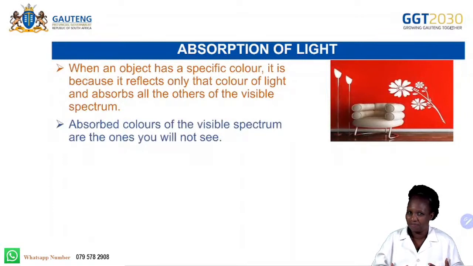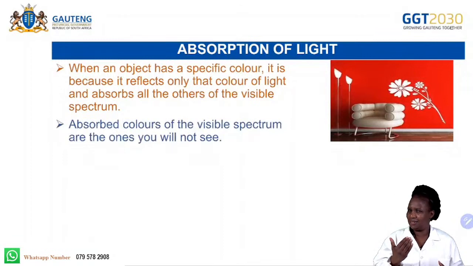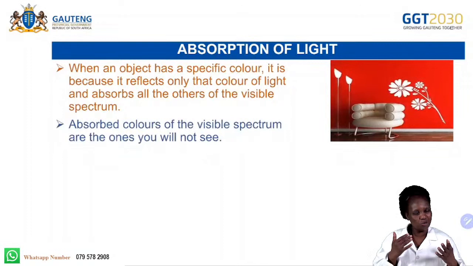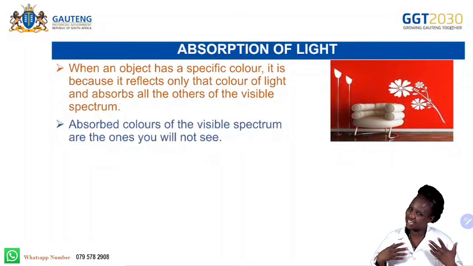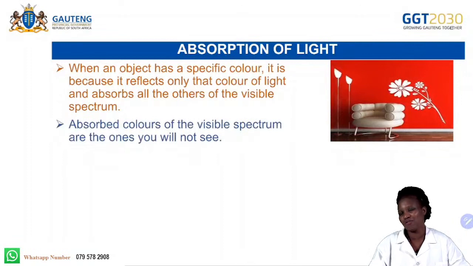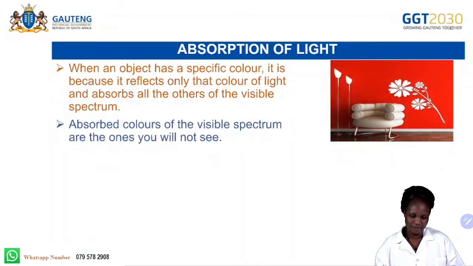Okay? And then the red light is going to be reflected to our eyes. Then our eyes are going to see color red. Are we together? If it is yellow, we'll see yellow. If the reflected ray is blue, we'll see blue. And what happens to the other colors of the visible spectrum? They will be absorbed.